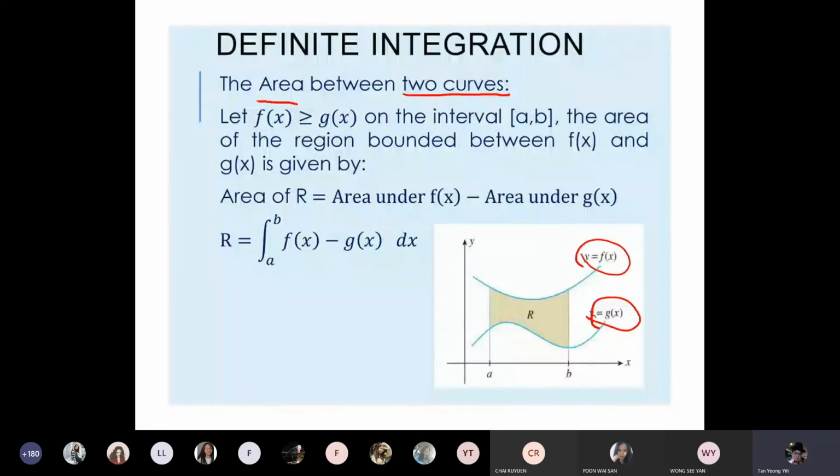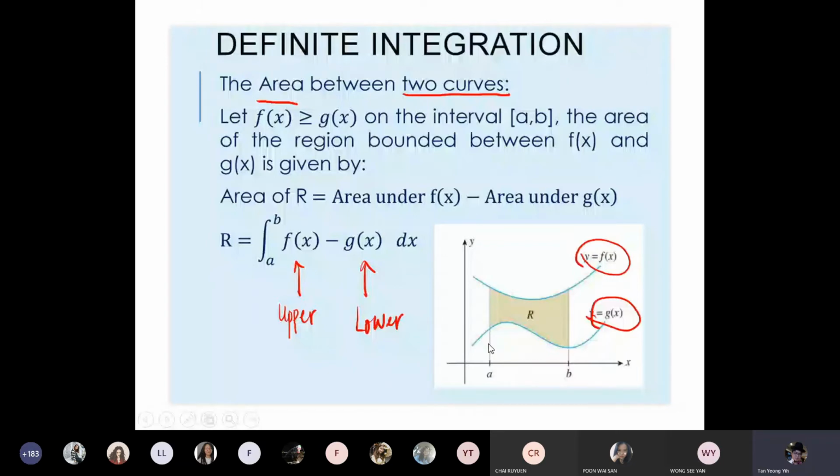We take the upper line. This is the upper line, minus the lower line. This g(x) is the lower function. So we are going to subtract these two functions: the upper line subtract the lower line.